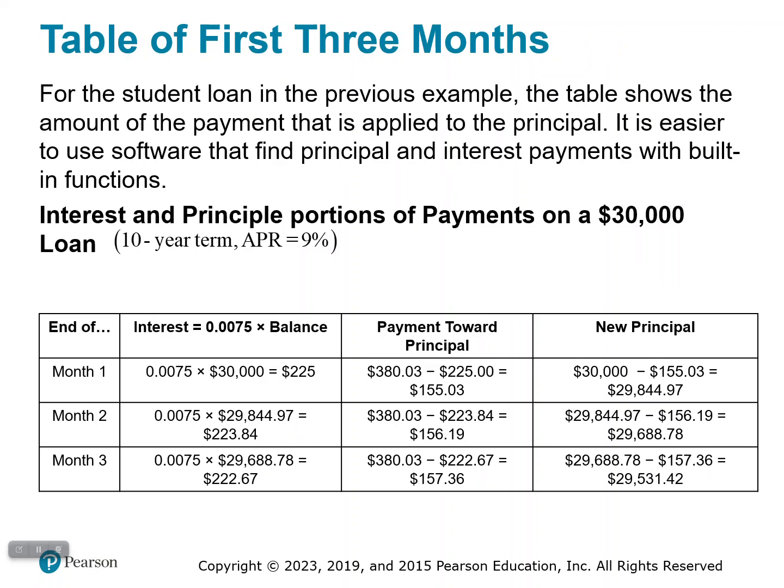I don't care. Okay, so let's look at the first 3 months. For the student loan in the previous example, the table shows the amount of payment that is applied to the principal. It's easier to use software that finds principal and interest payments with built-in functions, and look for a mortgage calculator or maybe an amortization calculator.